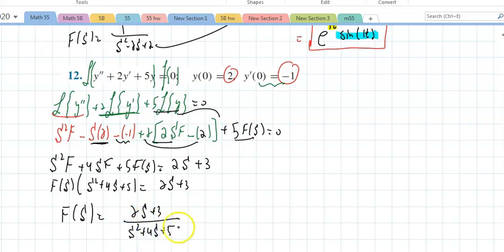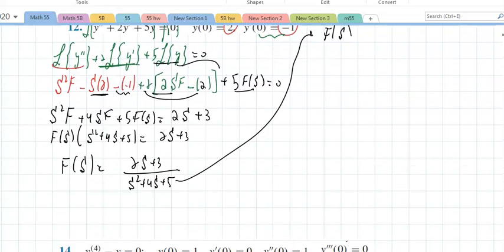And I need to figure out where this came from. I could say F of s, let me see how much space I have on the bottom. Yeah, I'll take an extra step down there. I'll say F of s is actually twice s plus 3 over, isn't that s squared plus 4s? Take half of the middle number and square it.